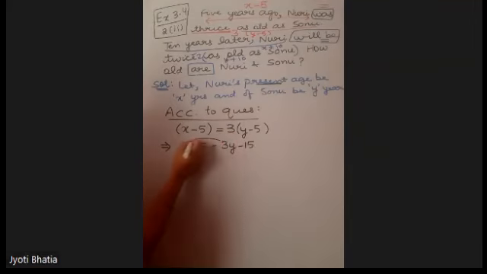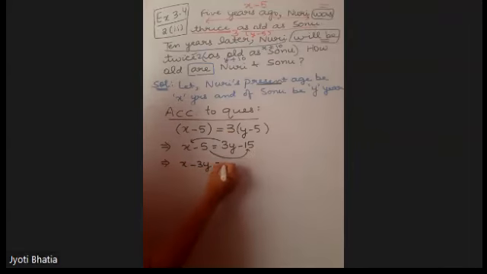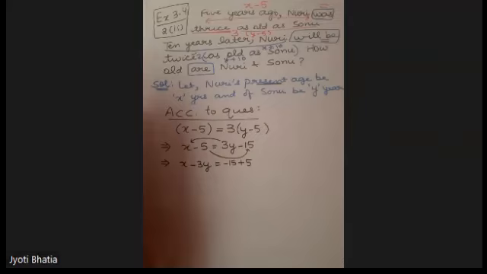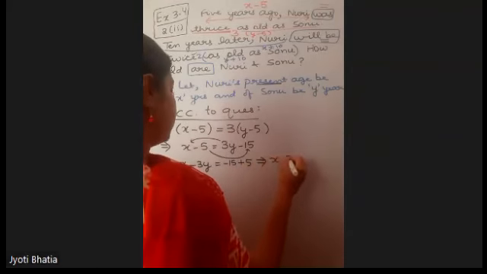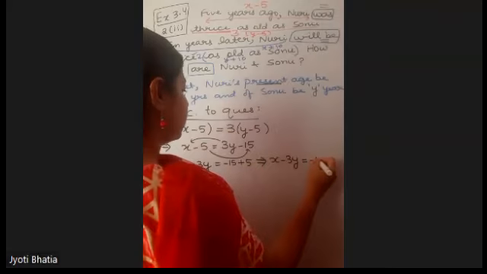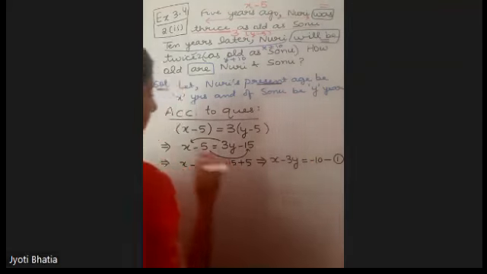Now bring 3y this side, take the number that side. So that gives me X minus 3y is equal to minus 10. This is equation number 1.